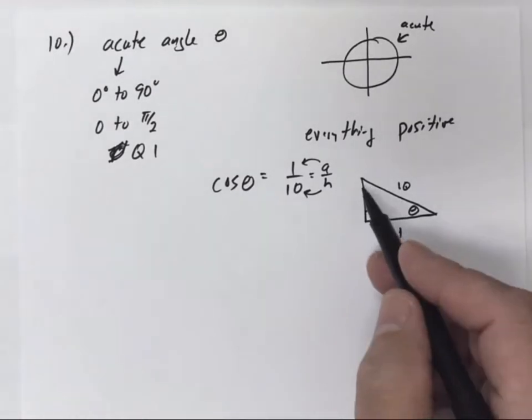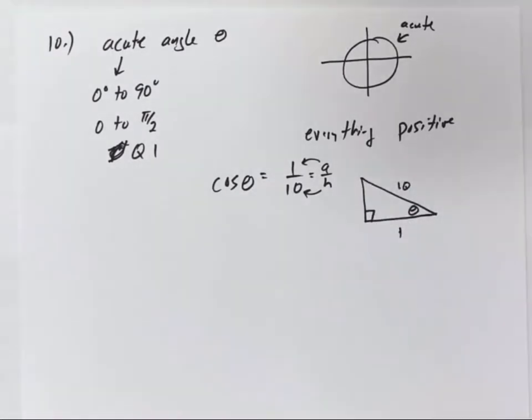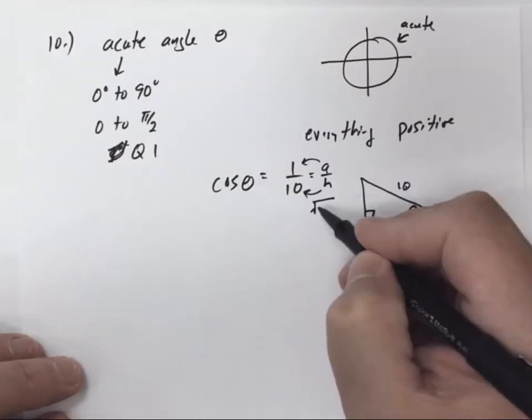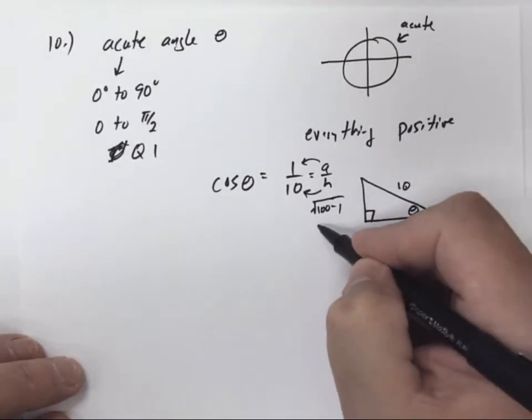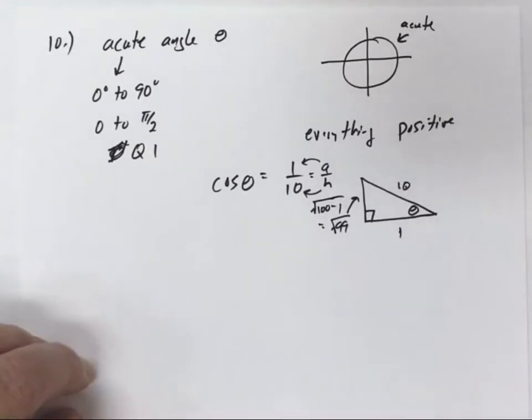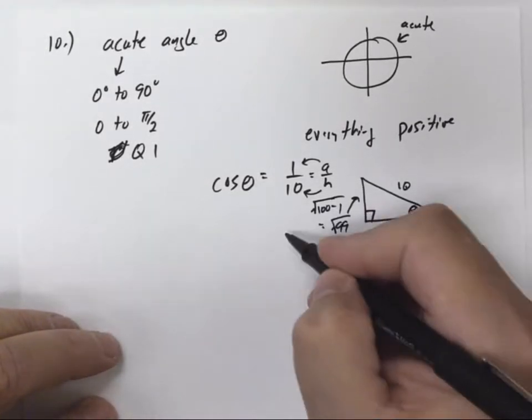Now the first thing I'm going to do is figure out the third side of my triangle. I explained in detail in the last problem how to do that. So here, I know it's going to be 10 squared, which is 100, minus 1 squared, which is 1. So that side is going to end up being square root of 99. Although actually that's not simplified, because 9 times 11.